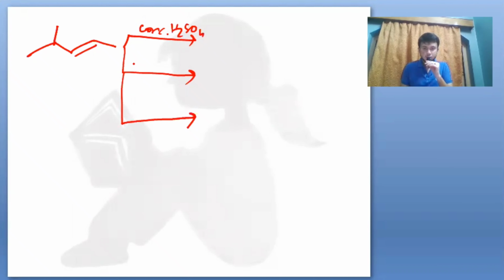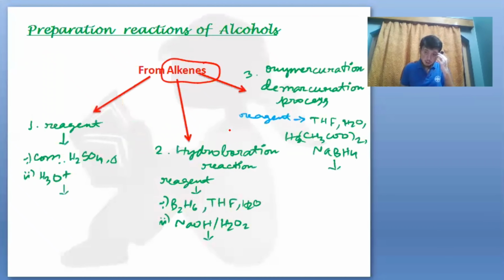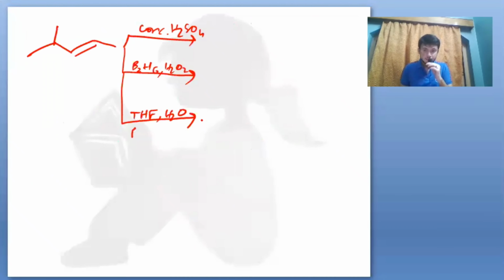Also they will give you B2H6, H2O2 like this, and in the second case, oxymercuration-demercuration, they will give THF, H2O, and the reagent here is Hg(CH3COO)2.